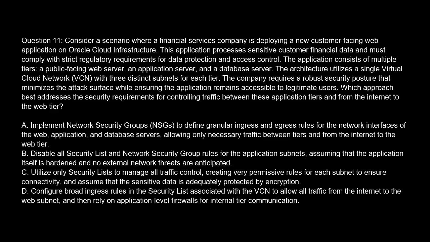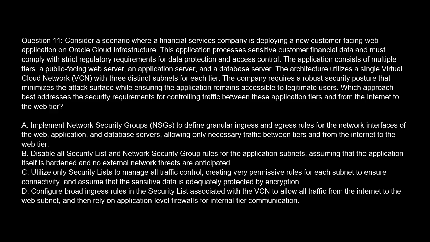The architecture utilizes a single virtual cloud network, VCN, with 3 distinct subnets for each tier. The company requires a robust security posture that minimizes the attack surface while ensuring the application remains accessible to legitimate users.